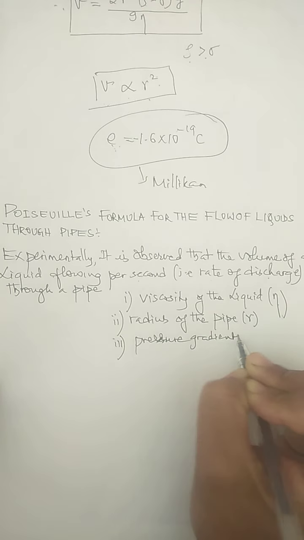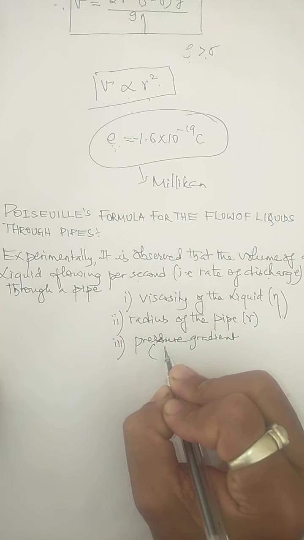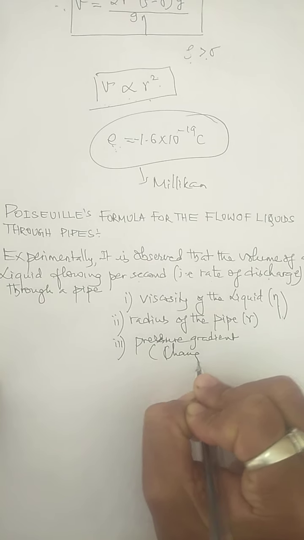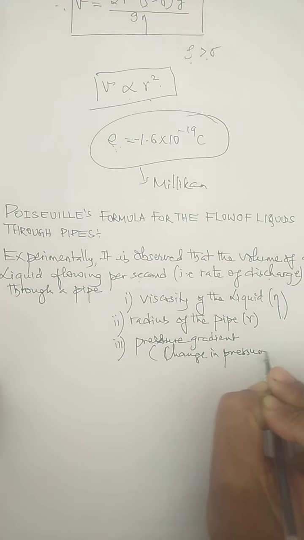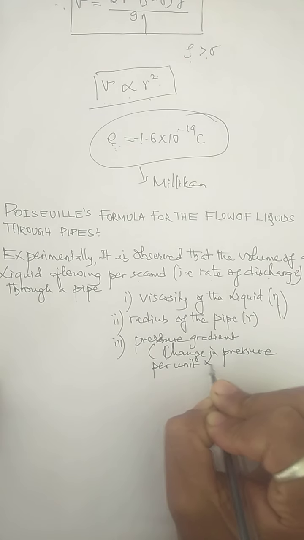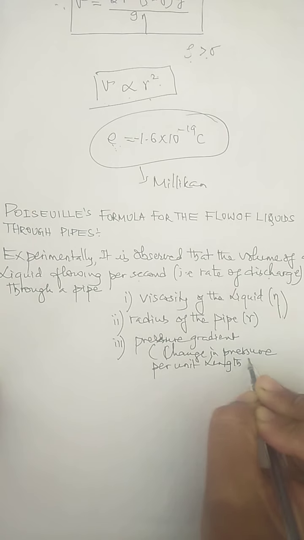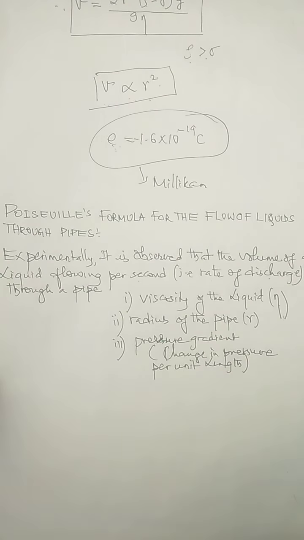The pressure gradient means change in pressure per unit length. So these are the three factors on which the volume of liquid flowing per second depends.